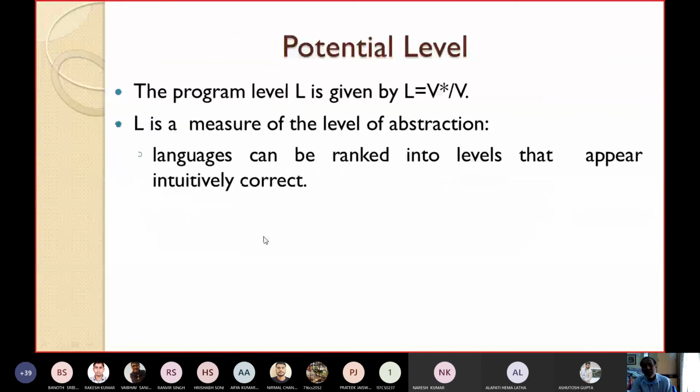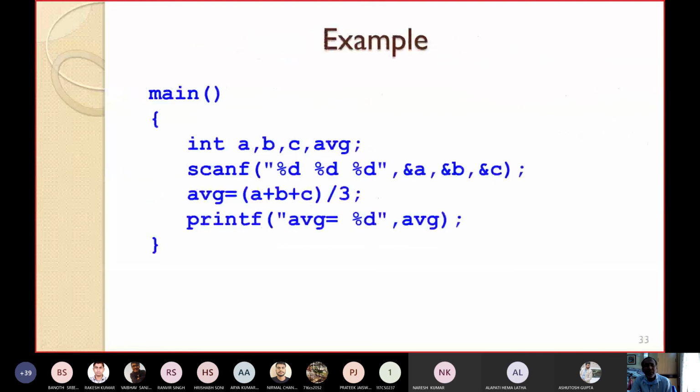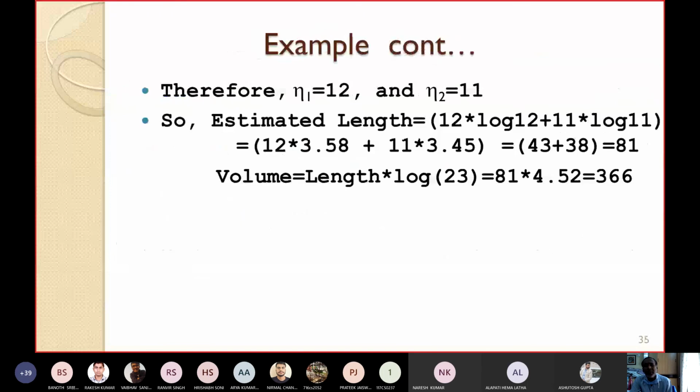Let's see the formula for volume. What is N? Take the estimated length here, so that is 81, into log 2 eta. Eta means the unique number of operators plus the unique number of operands, so eta 1 plus eta 2, 12 plus 11, which is 23. Simplify it, and you will get 366.